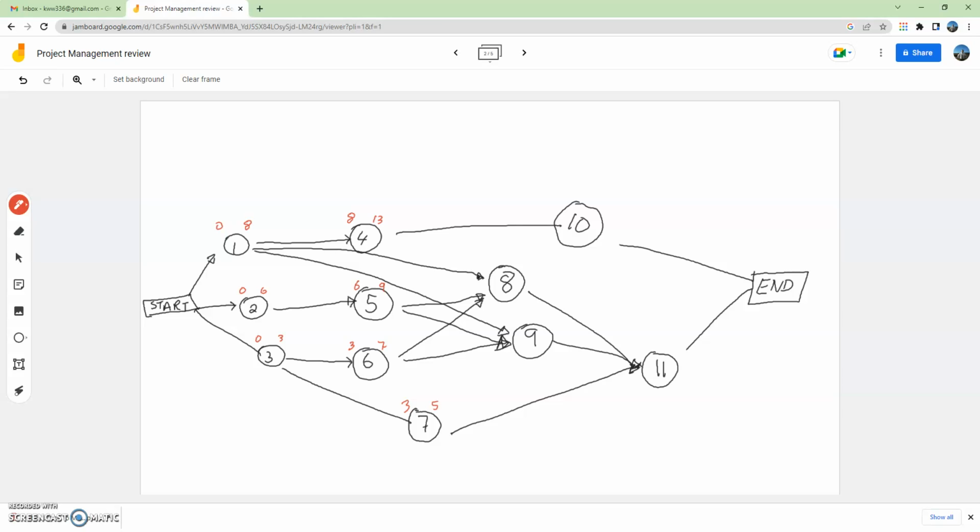So activity 8 has to start after all 3 activities are completed. That means activity 8 can only start at time period 9. Same thing with activity 9. Predecessors are 1, 5, and 6. So the earliest I can start is at time period 9.